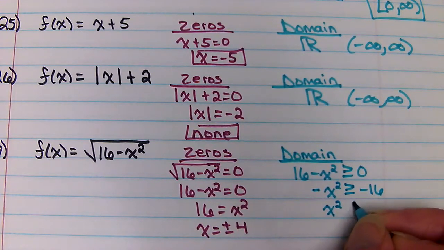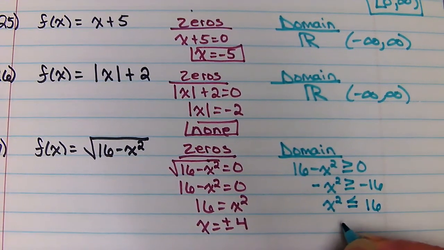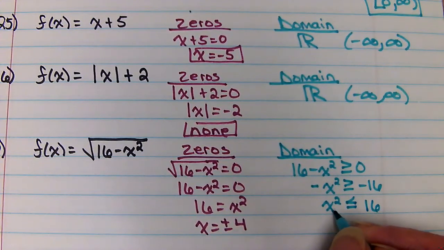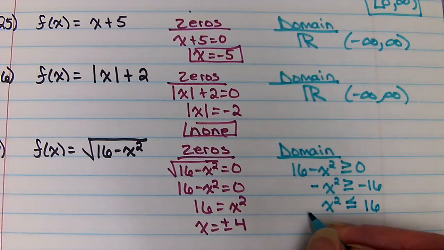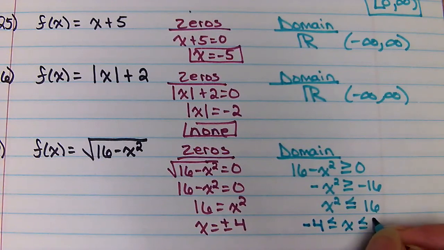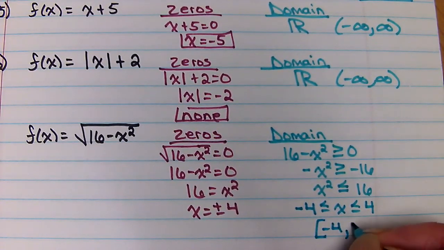X squared has to be less than or equal to 16. Let's think about what would make that true. So 0, 1, 2, 3, all the way up to 4. But also negative 4, negative 3, negative 2, negative 1. So this is everything from negative 4 to 4, or you could write it as negative 4, comma 4.